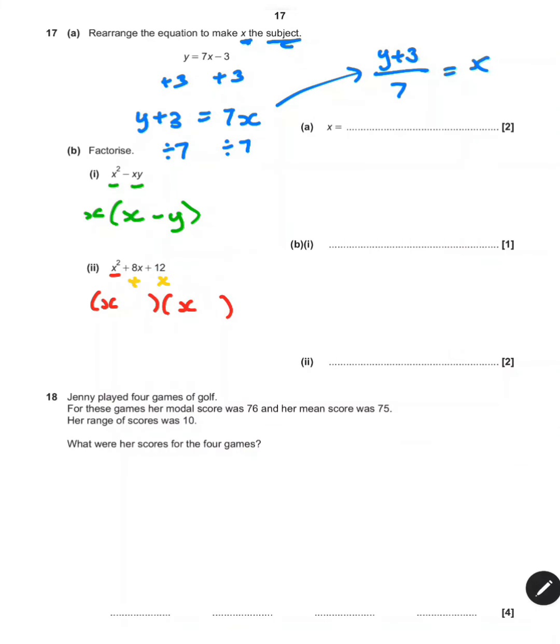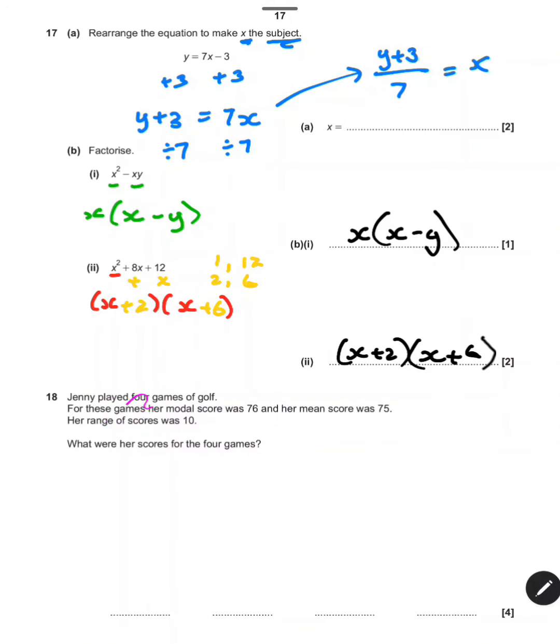Start with the numbers that times to make 12. You've got 1 times 12, 2 times 6, and I'm going to stop there because these two numbers times to make 12 but add to make 8, so they go into my bracket, x plus 2 and x plus 6.